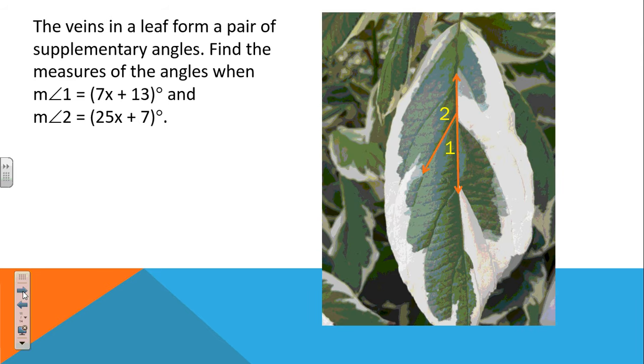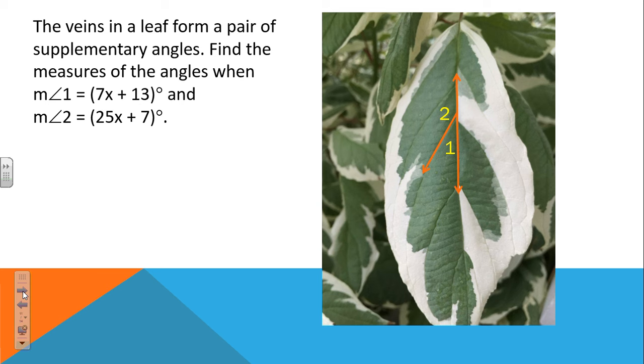We have the veins of a leaf. Those veins of a leaf form a pair of supplementary angles. The measure of one is 7x plus 13. The measure of another is 25x plus 7. Kind of hard.